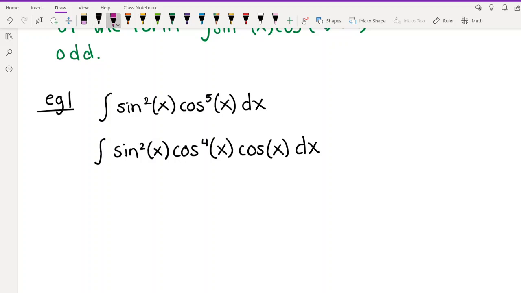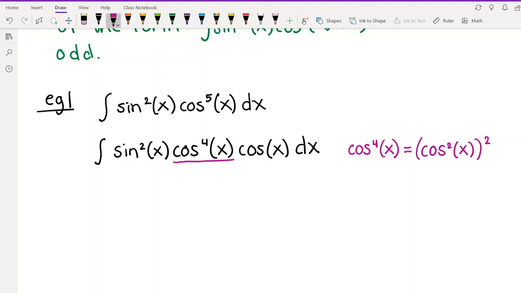Okay, so now we have to figure out how to use an identity to get rid of this cosine to the 4th of x, to express it in terms of sine squared. Because this is an even exponent, anytime you have an even exponent, that means that you can write it as something else squared, right? So cosine to the 4th of x is equal to cosine squared of x, squared.